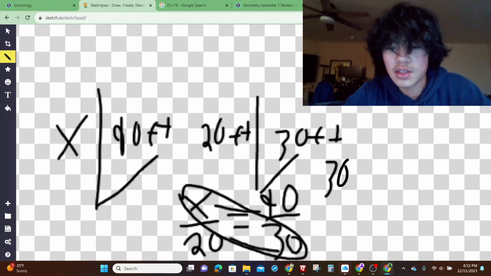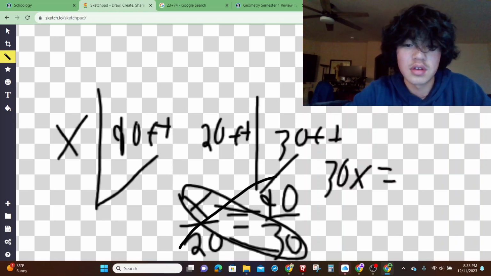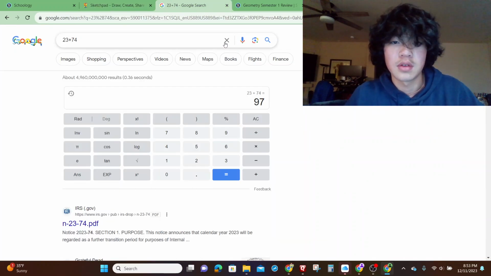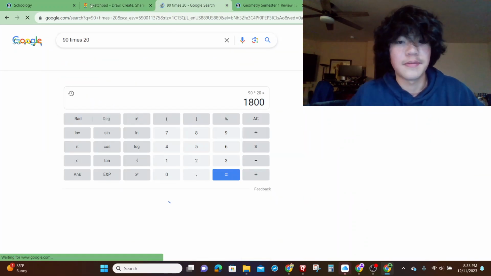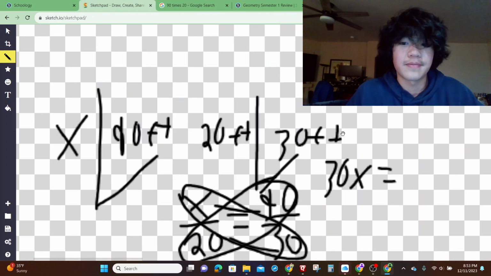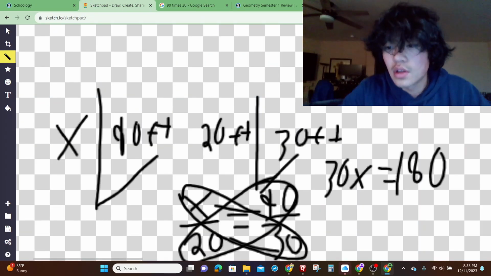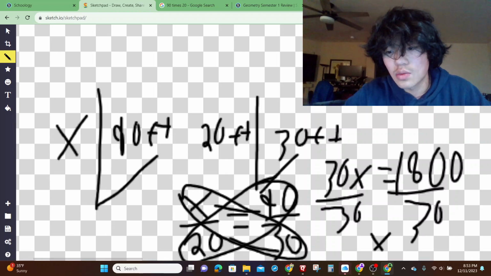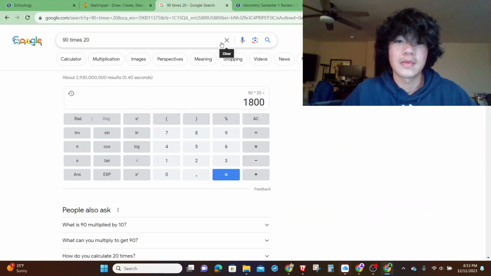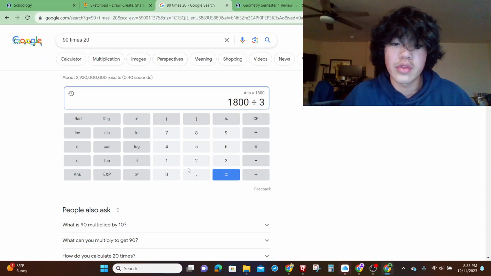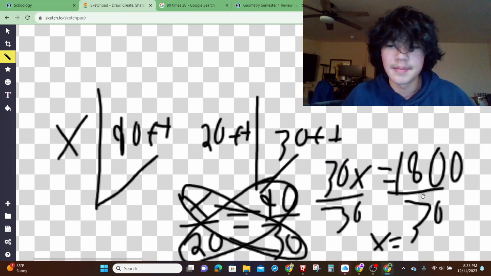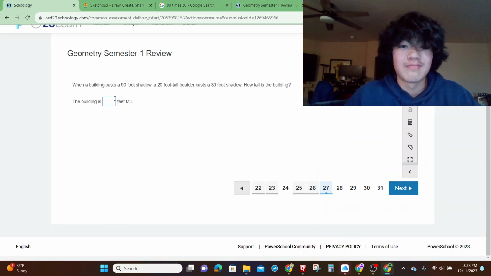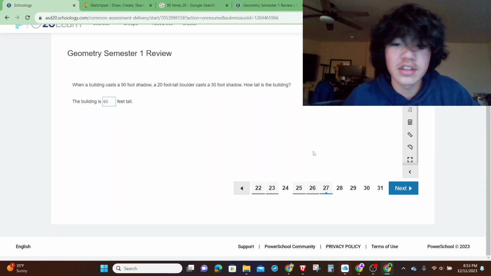So we get 30x equals 90 times 20. Wow, that's a big number. 1800. Then we're going to divide by 30. x equals 1800 divided by 30. You get 60. So x is 60. So the building is 60 feet tall.